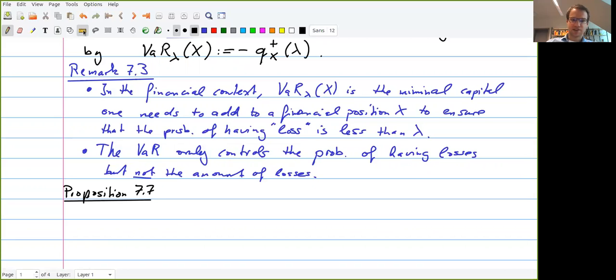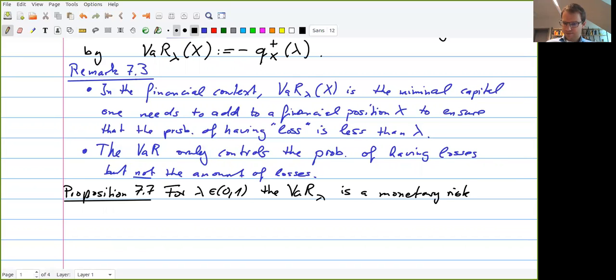So that's the content of the next proposition, to really convince you that the value at risk is indeed a monetary risk measure. So, value at risk at level lambda is a monetary risk measure.